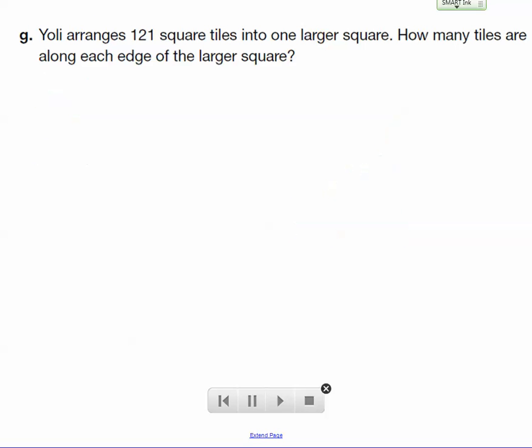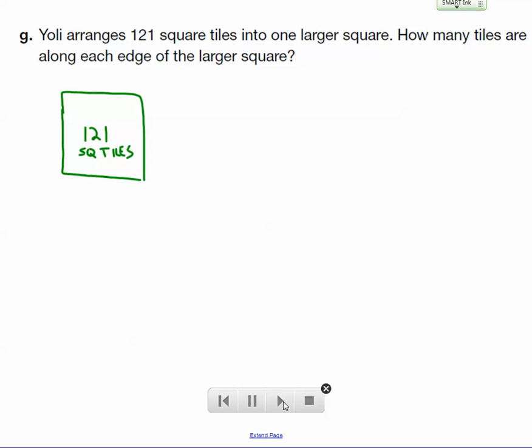One more example today. Yoli arranges 121 square tiles into one larger square. How many tiles are along each edge of the larger square? So we've got a big square here that's 121 square tiles.